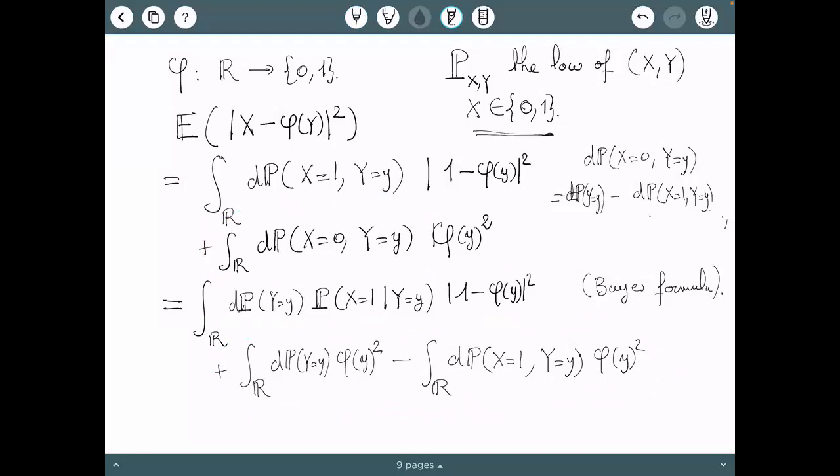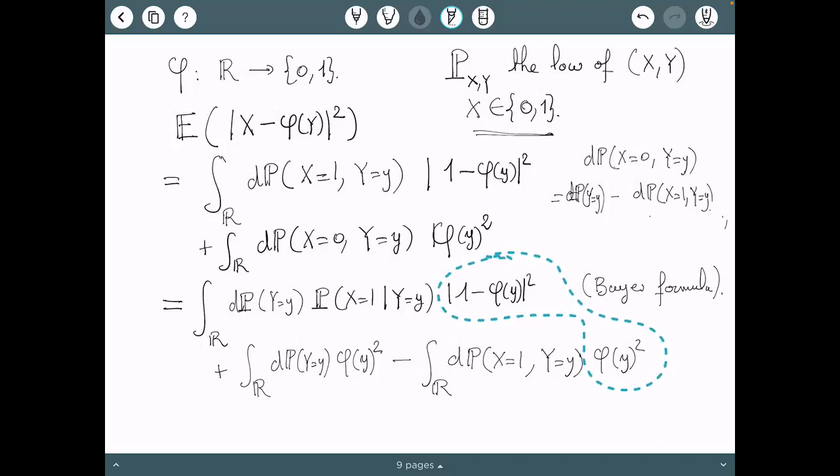And again, here I will use Bayes formula to replace this term by this one. Then this is in fact equal to that, and I can put these together.